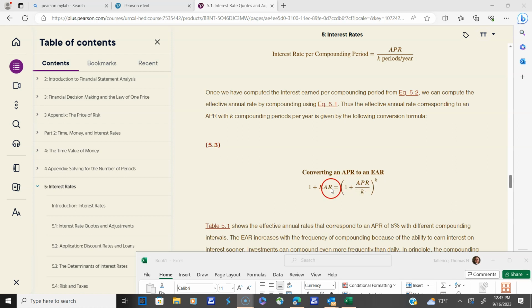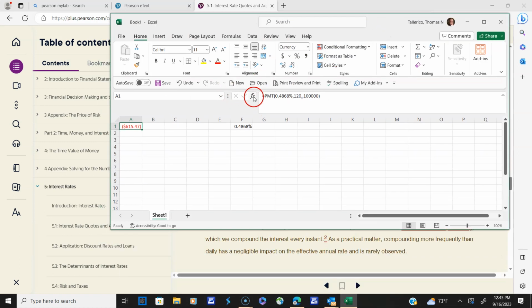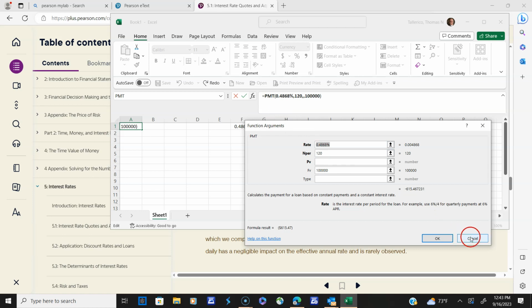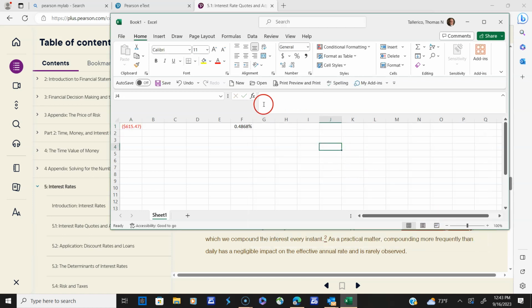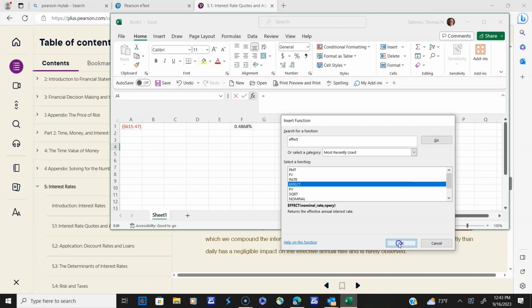Now, I told you already that this equation, and it's important, is built right into Microsoft Excel. So you don't have to really learn anything. If I open up Excel, what I want to show you is, if I type EFFECT, here it is actually.